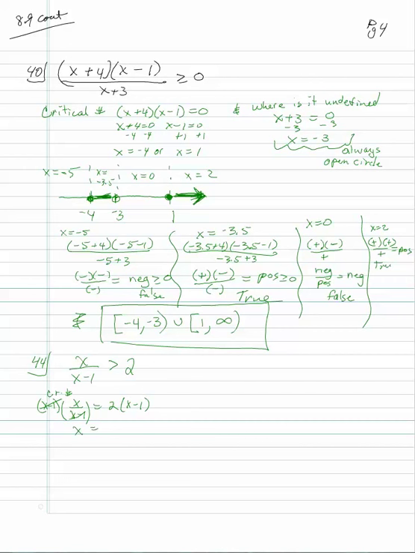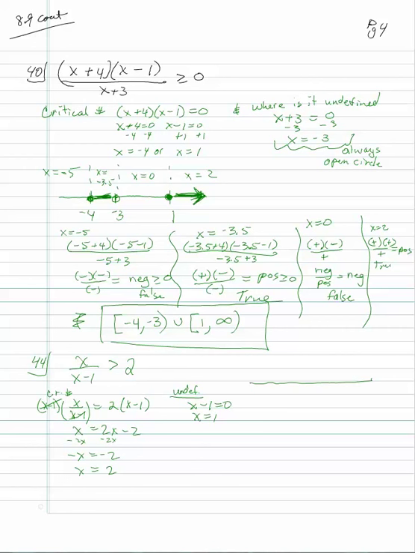So you're going to get x equals 2x minus 2. Let's see, subtract 2x. So we get negative x equals negative 2, so x equals 2. And then where it's undefined is still going to be where the bottom equals 0, so x equals 1.